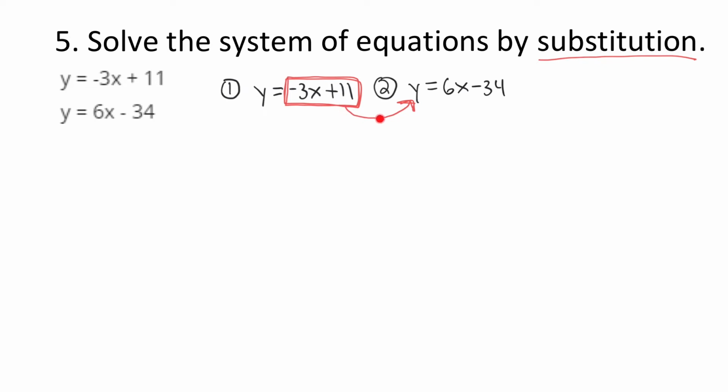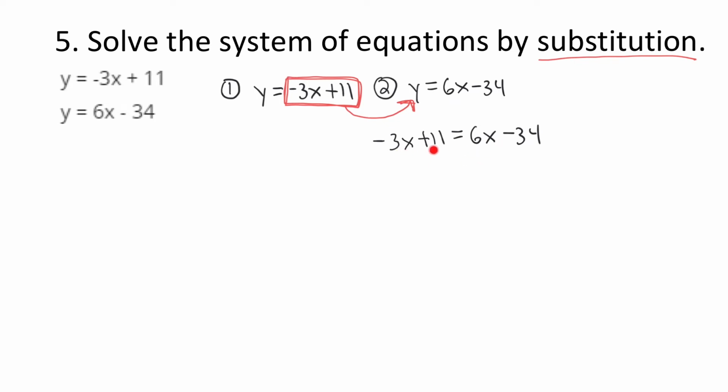So I'm going to substitute into that variable. So I'm going to have negative 3x plus 11. I'm going to bring down the equal sign. Equals, and then you bring down 6x minus 34. Notice that we have the same variable in this equation, so we are able to solve for x.